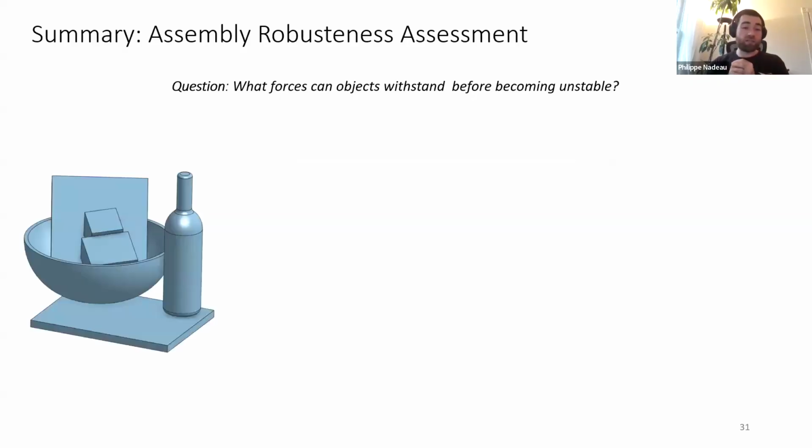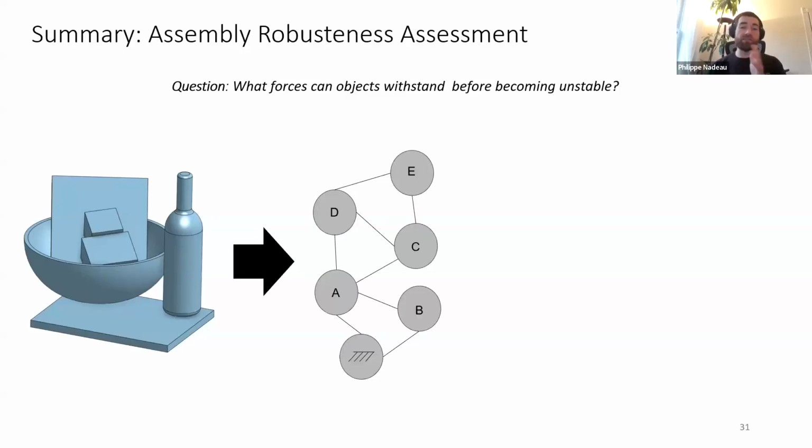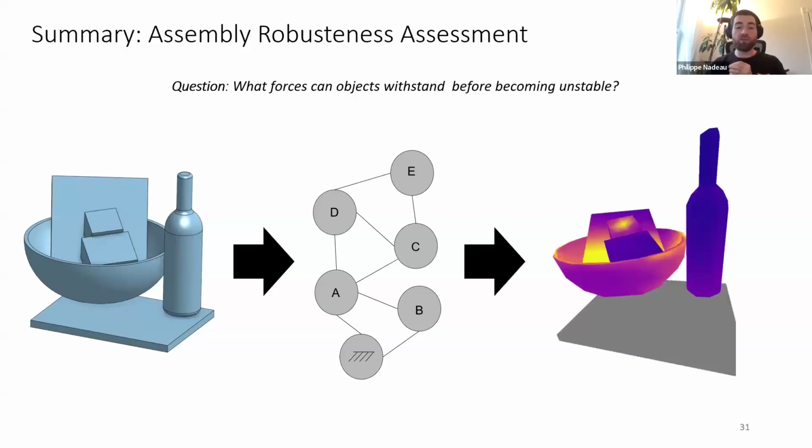Assuming that objects are rigid and known, we represented the assembly as a contact interface graph, and then defined an algorithm to operate on the graph, such as to compute the maximum force that can be applied in a given direction on a given point of the assembly. We ultimately showed that the performance of this algorithm is much better than that of other methods, and we highlighted concrete tasks for which robustness can be valuable.